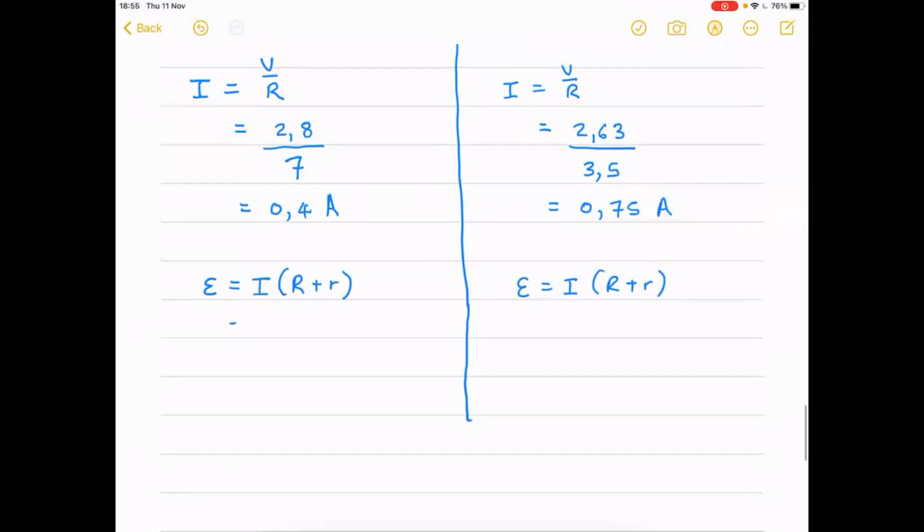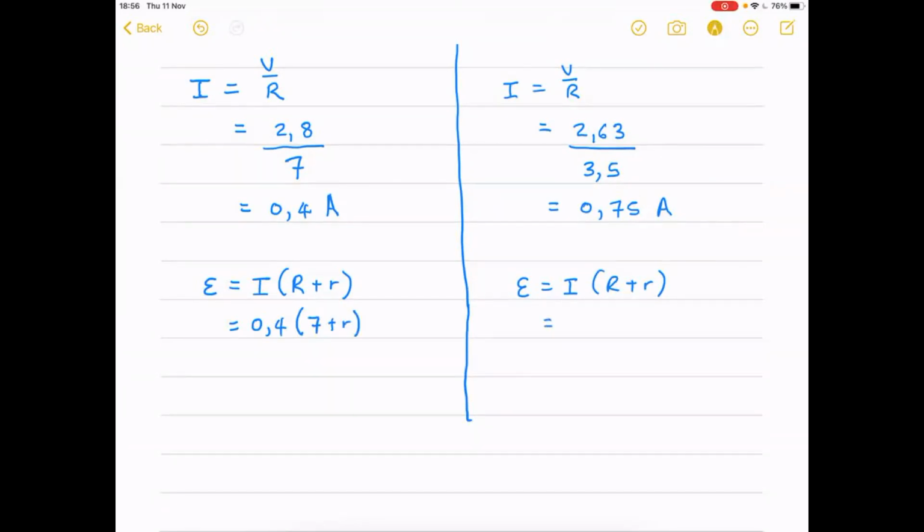Just put in the values here because we do not know what the EMF is. We just calculated the current to be 0.4. What is R? It's just 7. It's only the 4 ohm and the 3 ohm, plus R. Okay, and we leave it like that because we don't know R yet.